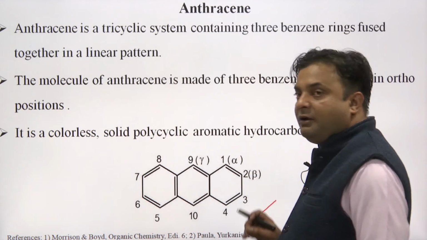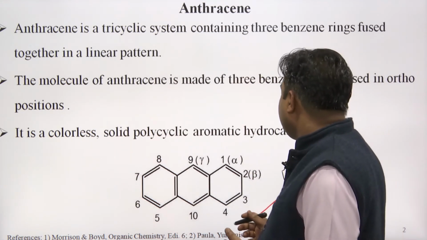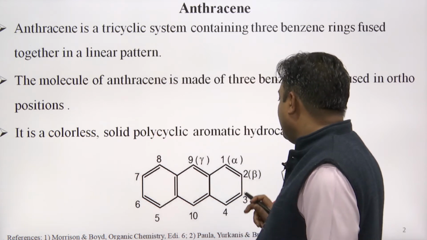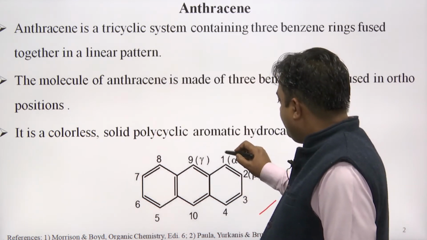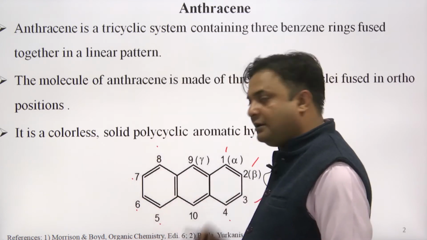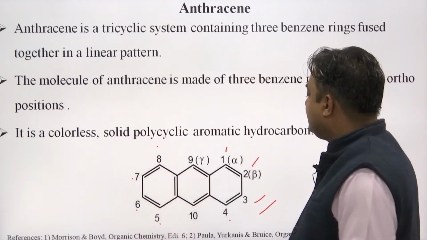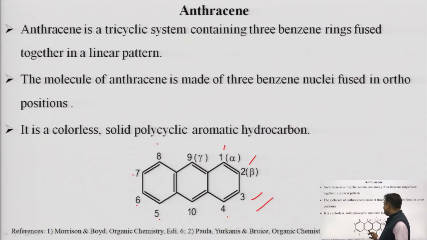Okay, when we go for the numbering of the carbons of anthracene, you can see 1, 2, 3, 4, 5, 6, 7, 8. After numbering the terminal benzene rings, we go for the middle ring and number them 9 and 10.